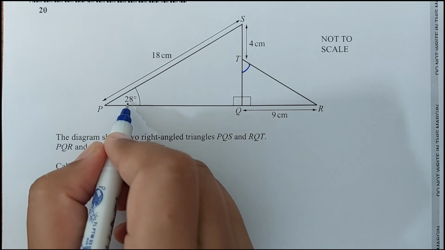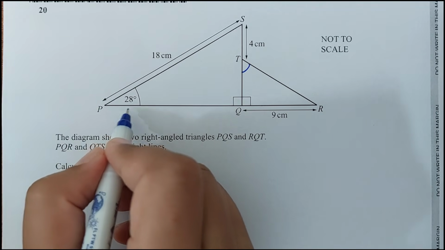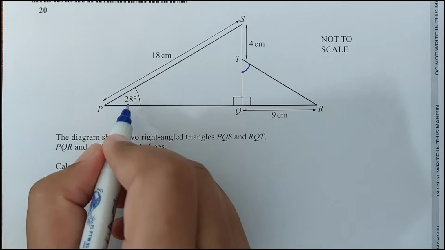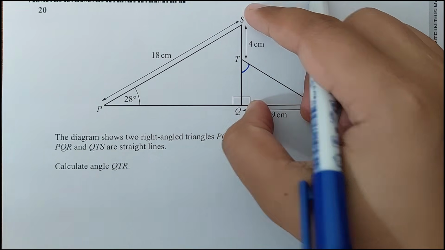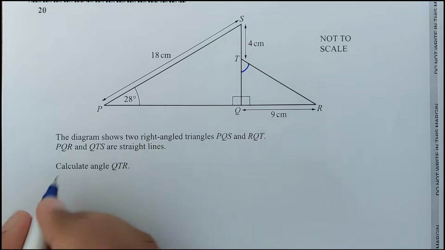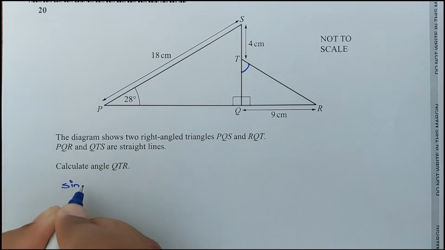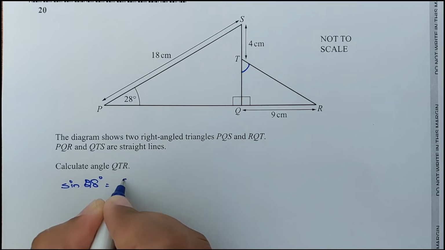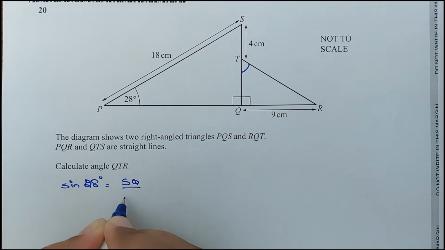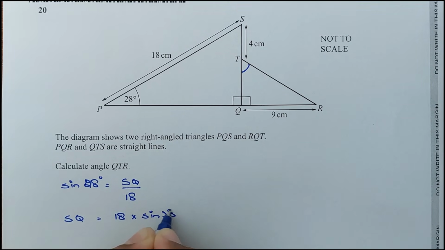So we can use the trigonometric ratio of sine. Sine of 28 degrees is equal to the opposite, which is SQ, over the hypotenuse, which is 18. So SQ is 18 times sine of 28 degrees.